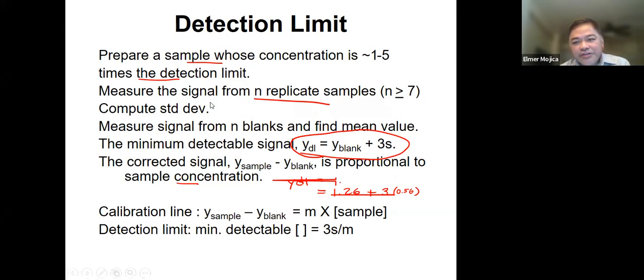Okay? We're going to get the standard deviation ng sample natin, hindi ng blank. Okay? Ang inaano lang natin doon sa blank ay yung mean value. So ito yung mean value ng blank. Itong standard deviation is coming from the signal of your sample.